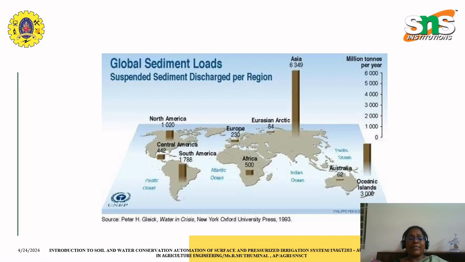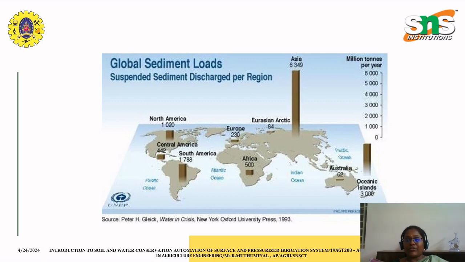This is the sediment load available throughout our world, and the suspended sediment discharge per year by region has been shown here. As we can see, Asia plays a major part, because 6,349 million tons per year is available as suspended sediment.